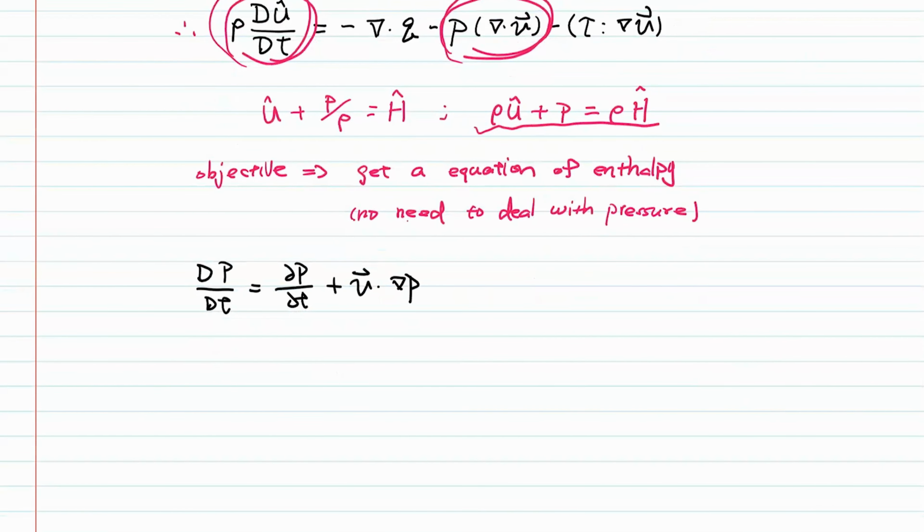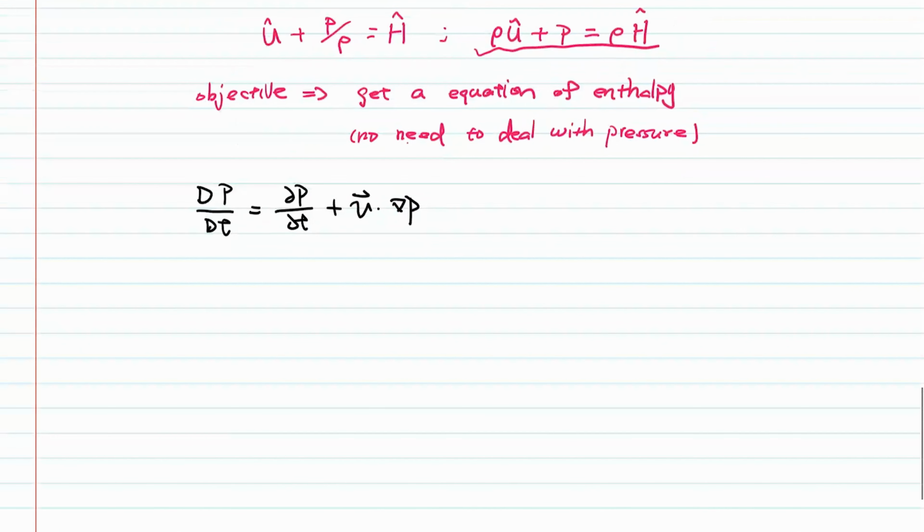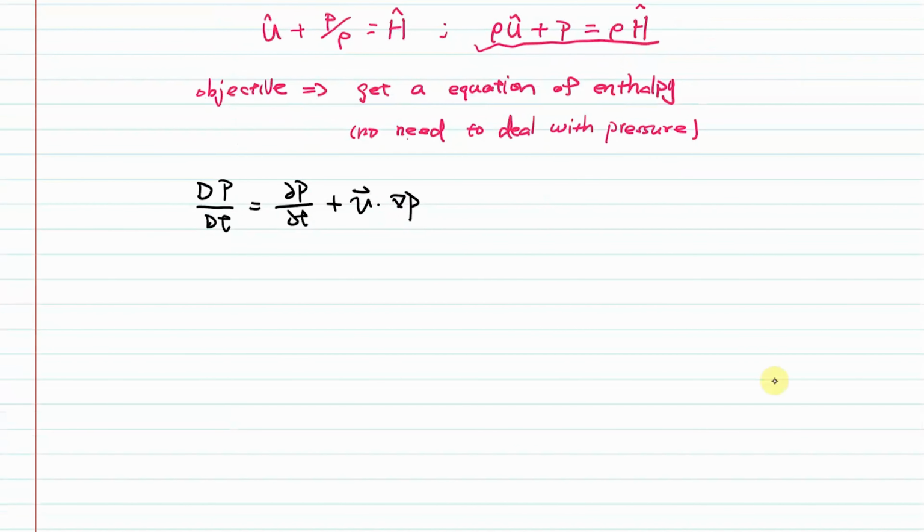Okay, so again, if we think about the substantial derivative of enthalpy, D/Dt of rho H would now equal rho times the substantial derivative of H, plus H times the substantial derivative of rho.